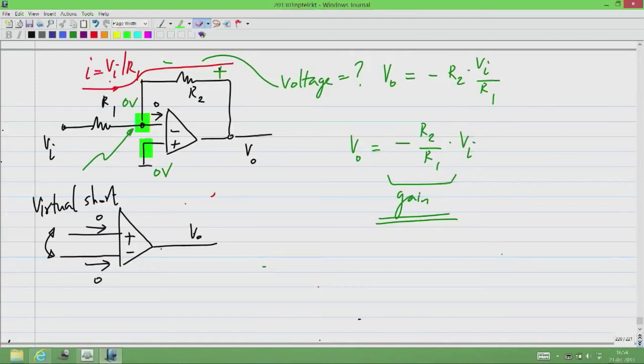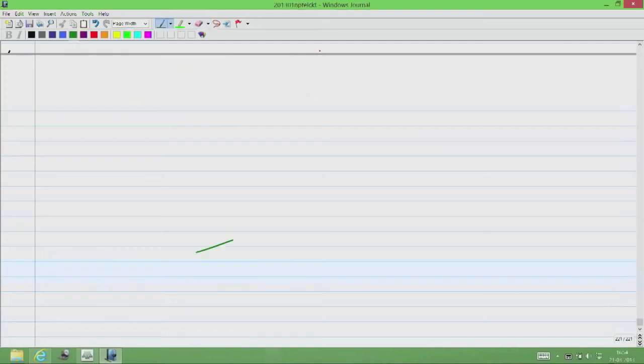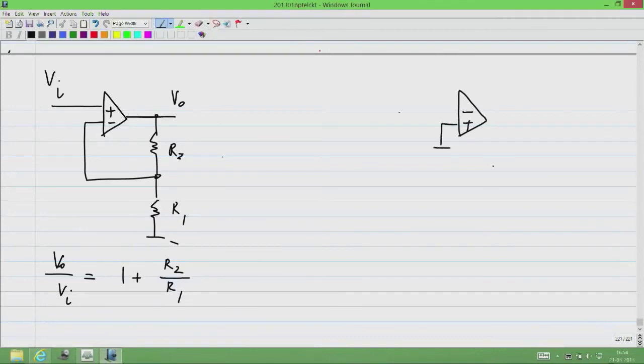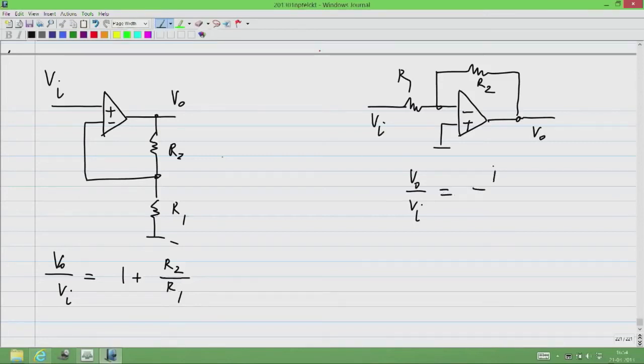So we have looked at two op-amp circuits. In this circuit, V0 by Vi equals 1 plus R2 by R1, and we have this other circuit, V0 by Vi equals minus R2 by R1.